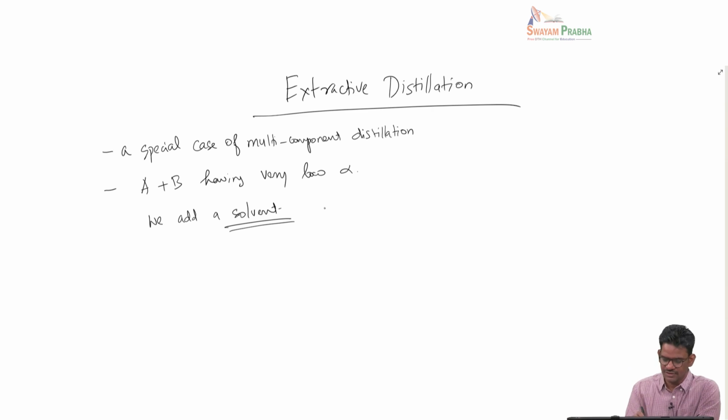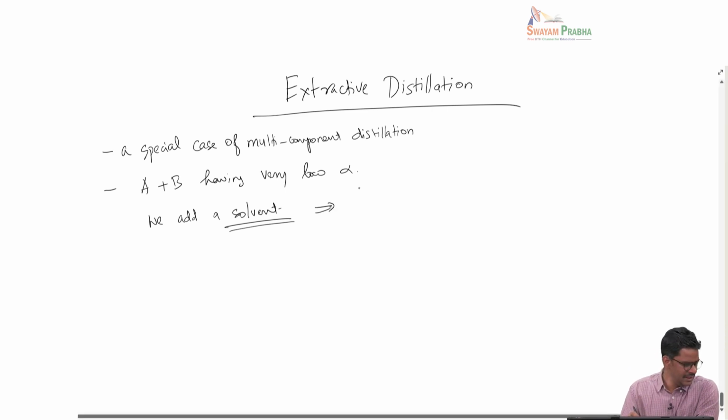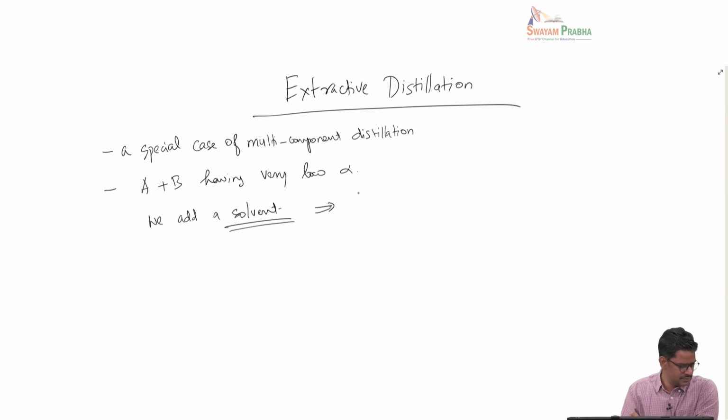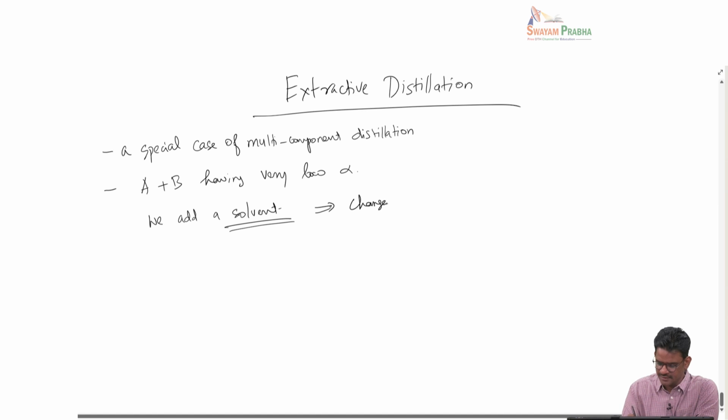Okay. So the solvent is supposed to increase this, basically changes alpha to effect better separation, and usually this is very less volatile or non-volatile.